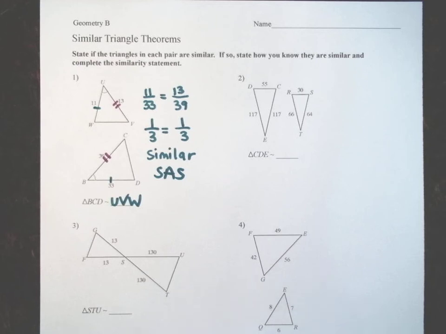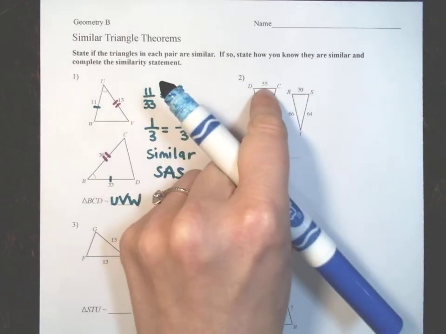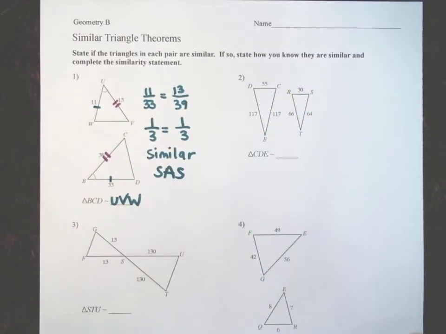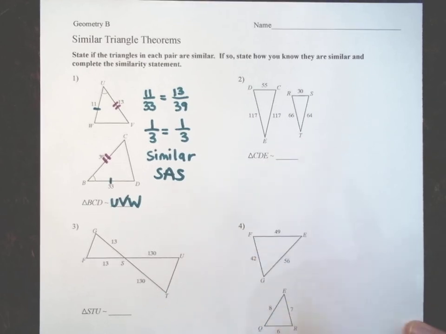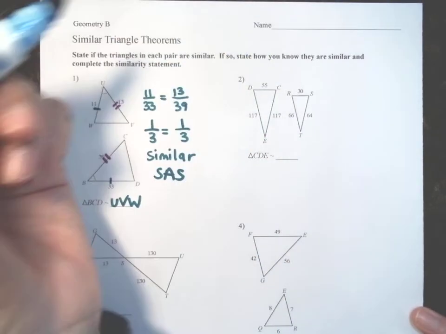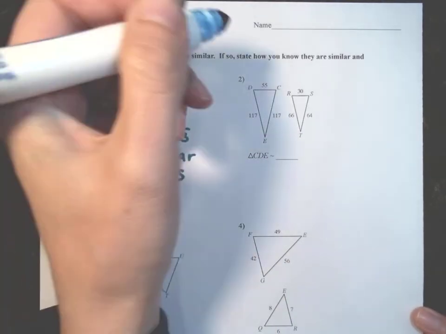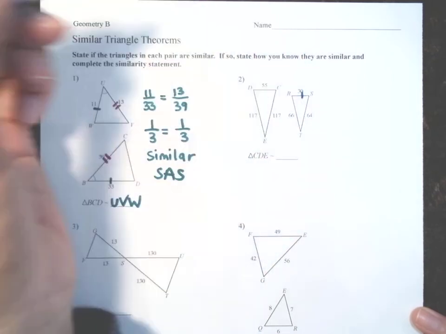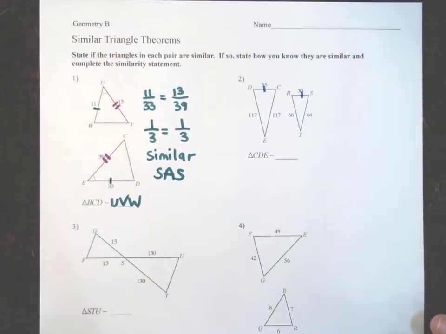Okay, let's look at the next one. So it looks like we know all three of the sides. So we have to see if they all are proportional. So let's mark our corresponding sides. The smallest side is 30, corresponding to this smallest side, which is 64.